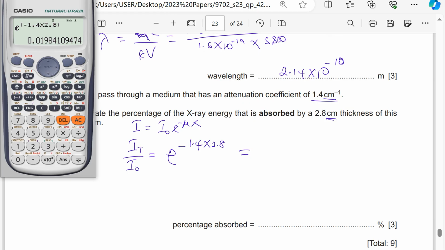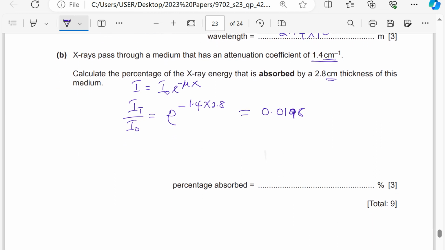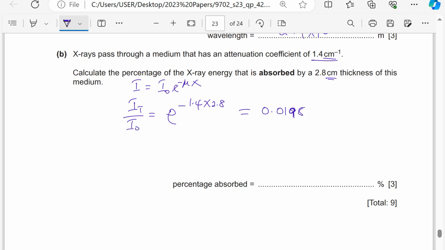So this is 0.0198. Okay, that is the intensity transmitted. So this is the fraction transmitted.